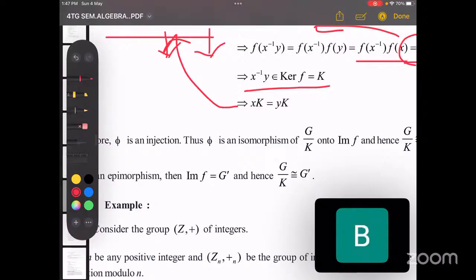Second, you have to show that it is a homomorphism. Third, it is an onto function. And fourth, it is a one-to-one function. If you show all these conditions, then we can say that it is isomorphic to G dash. So this is the important one. Try to practice this theorem.